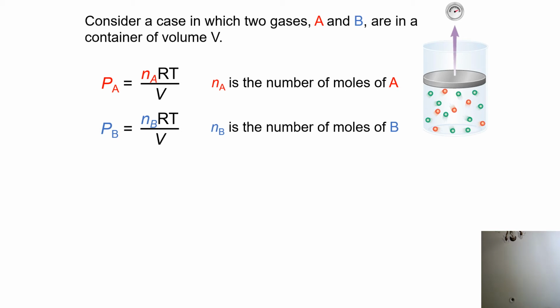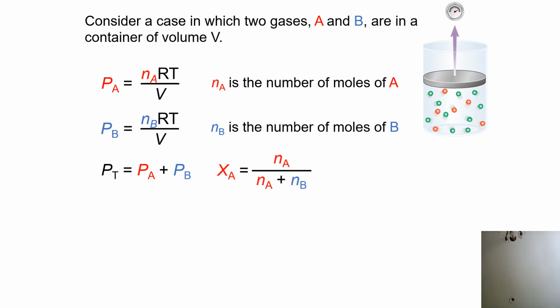So one will have a higher pressure than the other because there's more of it. However, we can express that as a mole fraction. So how do we determine a mole fraction? We know that P total is going to be the sum of the partial pressures of the component gases, which is P of A, or PA, plus PB.